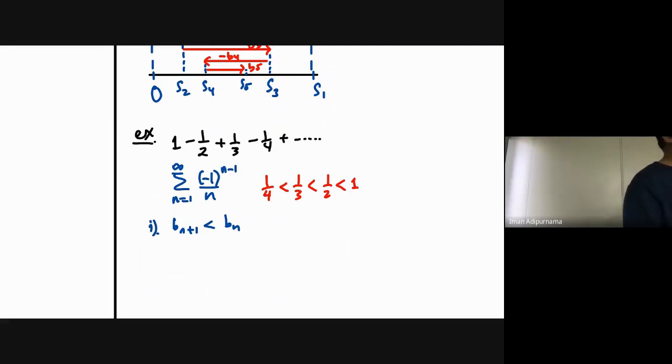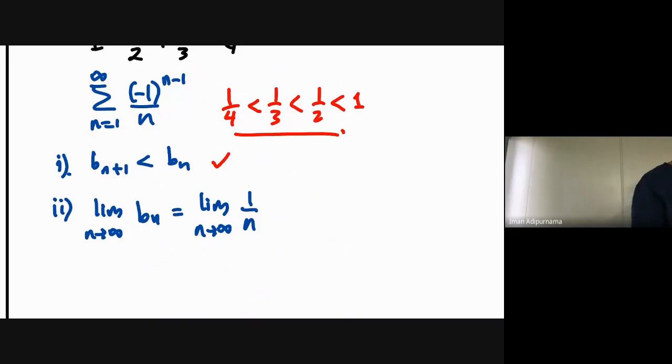So it's correct, right? So satisfy this. And number 2, we limit the sequence, the absolute value of the alternating series, and it's 0.